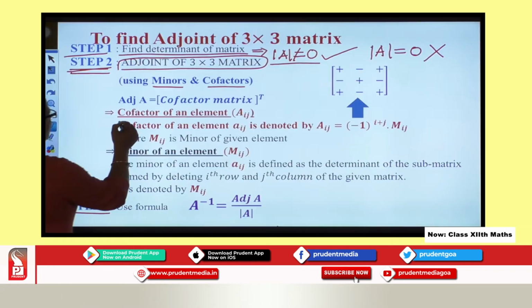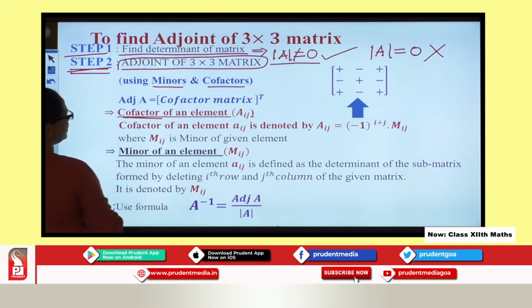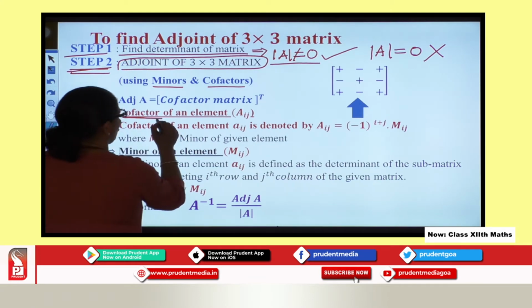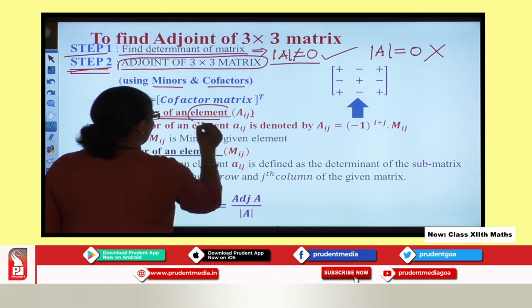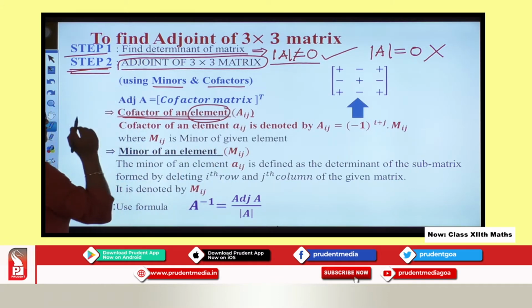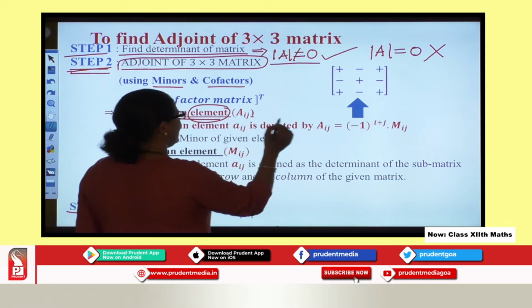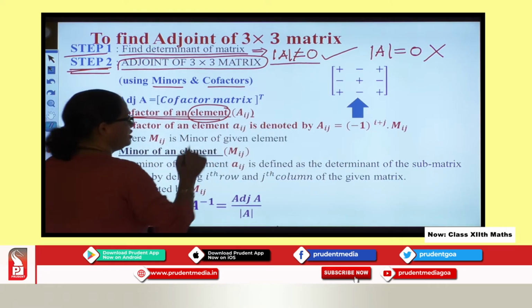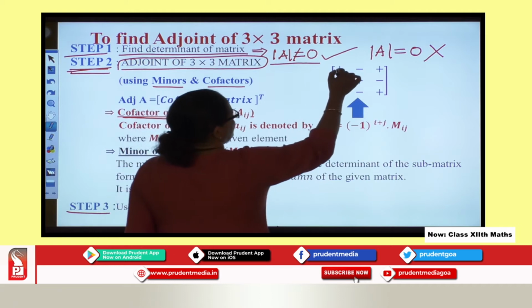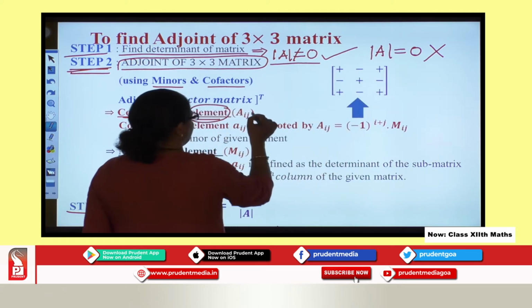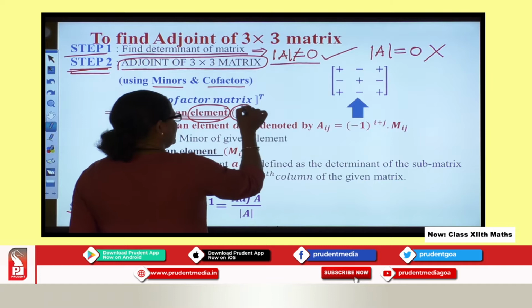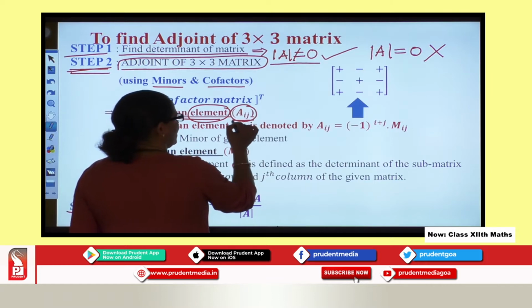Now what does this cofactor term mean? Remember, I am talking about the cofactor of an element. I will talk about each and every element present over here. So there are altogether 9 elements, 3, 3, 3, 9 elements. I denote it with Aij.